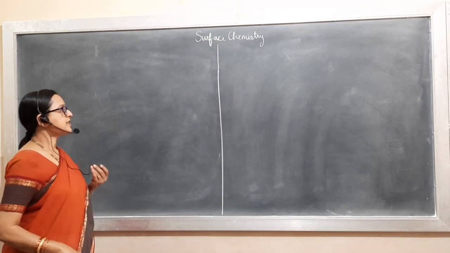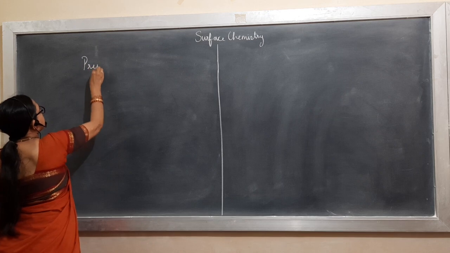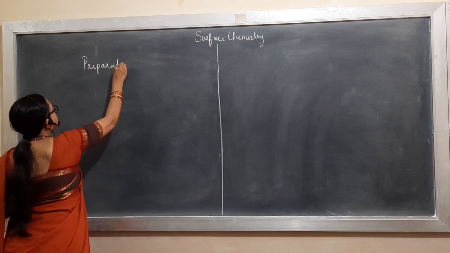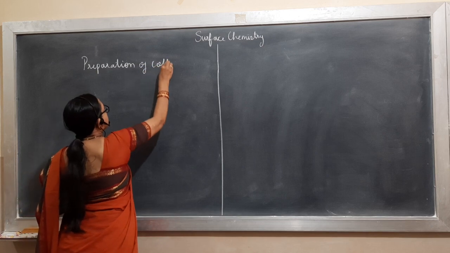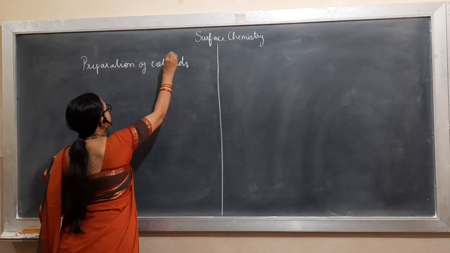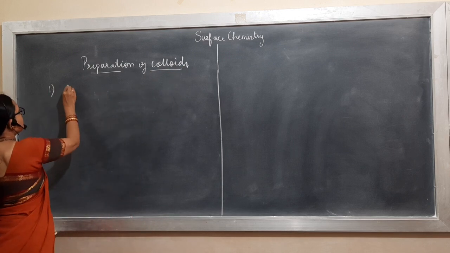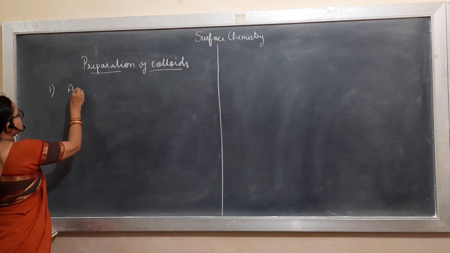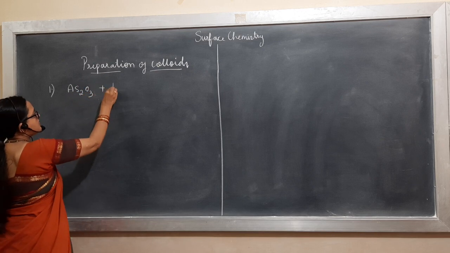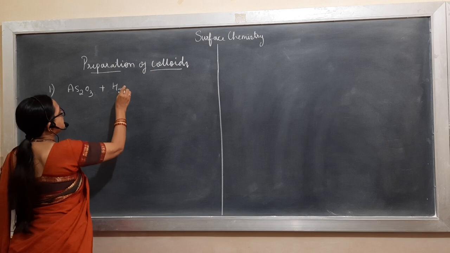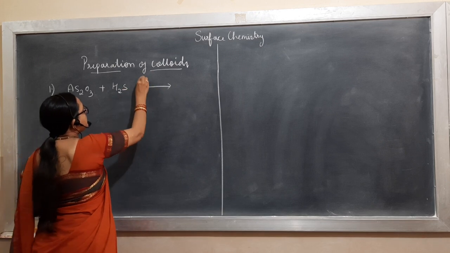Next, what we are going to study is preparation of colloids. First one is we are going to take arsenic trioxide and treat it with hydrogen sulfide. Here double decomposition occurs.